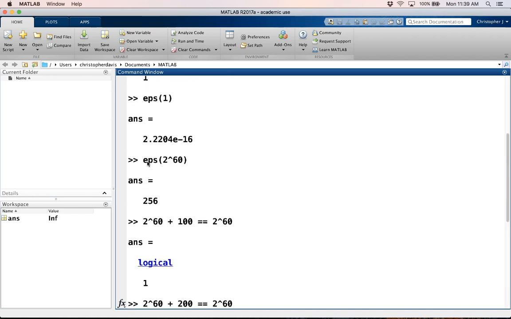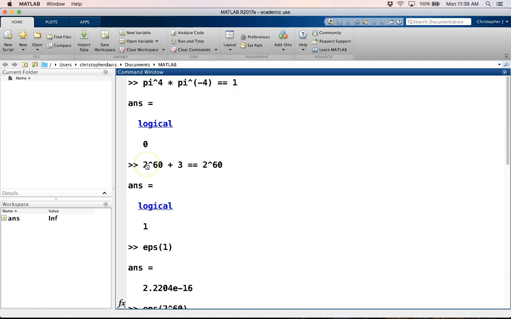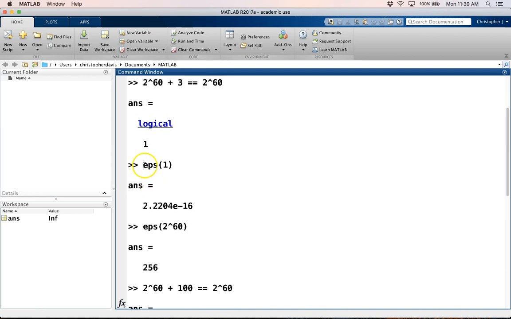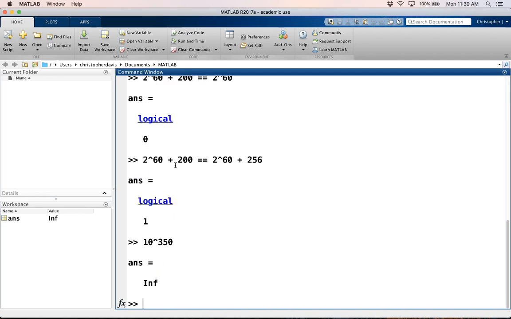For smaller numbers, like 1, it has higher precision. And that makes sense. If you're working with some data that's on the order of 50 digits long, you're not going to expect it to be accurate to the same number of decimal digits of precision as a small number like 1.